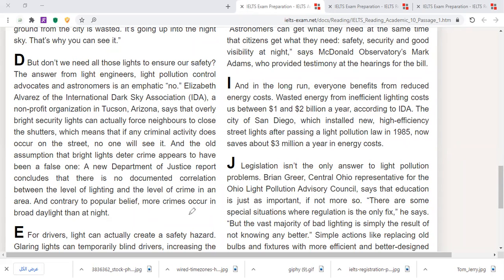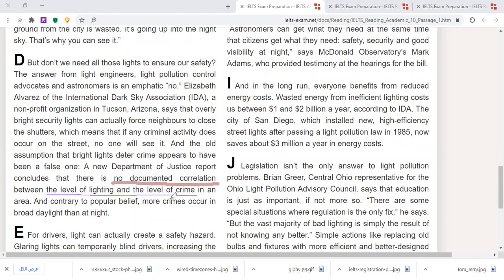Yes, Rahaf, can you underline? Very good. You can continue here: there is no documented correlation between the level of lighting and the level of crime. So there is nothing between them.